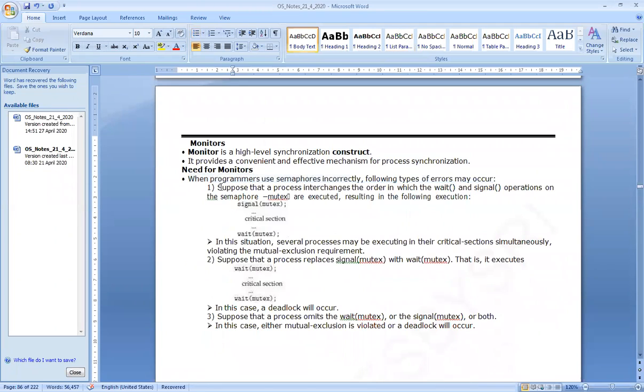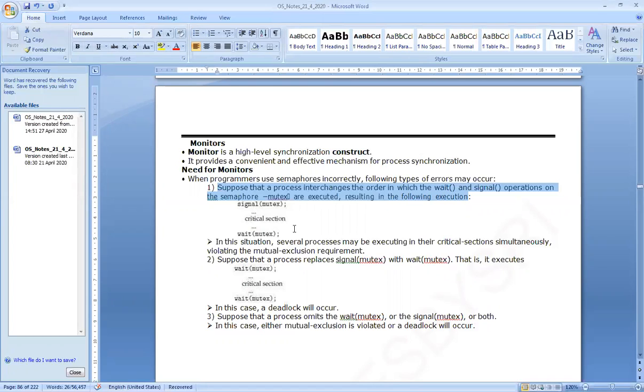The first problem is, suppose that a process interchanges the order in which the wait and signal operations on the semaphore are executed. We have two readily available functions: one is a wait function, the other is a signal function. Using these wait and signal functions properly, we are able to achieve process synchronization with the help of the semaphore.